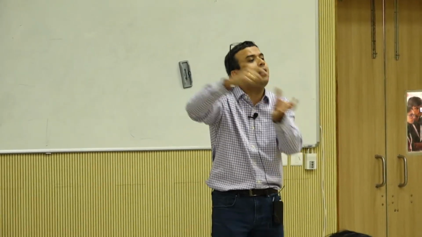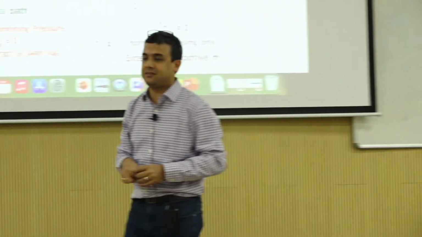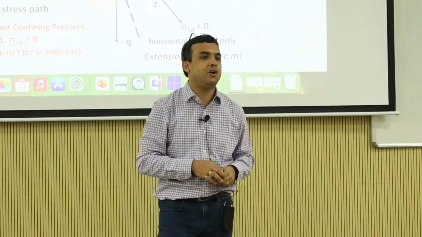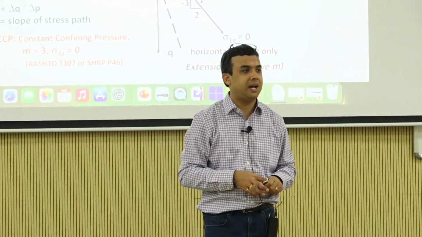It just resolves down to sigma d in traditional triaxial testing. You can't derive a theory for that because it's a very simplified case. So they derive the theory for the full case, which in classical mechanics or theory of elasticity is octahedral shear stress, and then it just resolves down to deviator stress in triaxial testing.